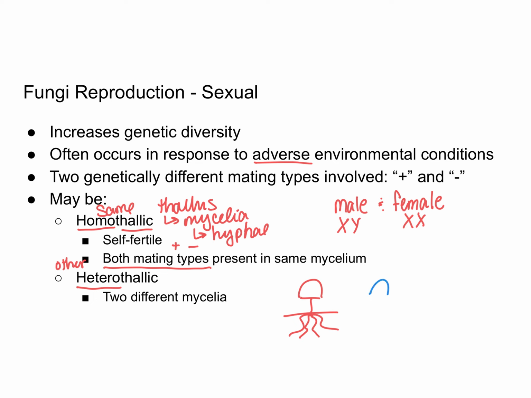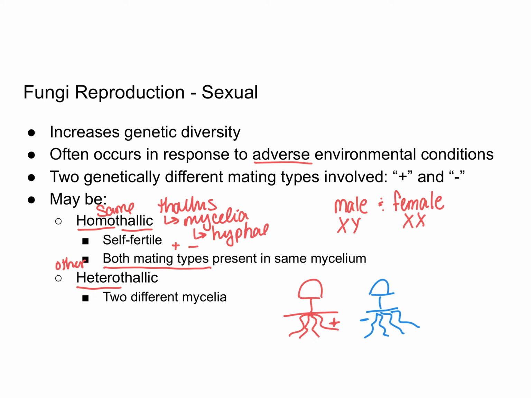And then you would have to have another mushroom with its mycelia making up the thallus. And one of them would have to have the positive mating type cells in their thallus, and the other one would have to have the negative, and those cells would have to fuse in order for sexual reproduction to occur.